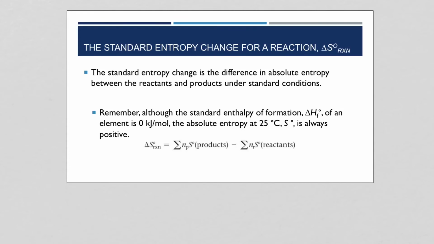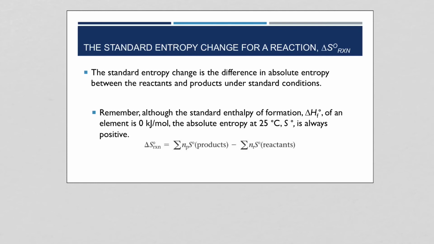To close out this section, we want to look at how we can calculate our standard entropy of reaction. Now we have our standard entropies, and it's very much like what we saw with enthalpy, where we could calculate the standard enthalpy of reaction by looking at the enthalpies of formation of the products minus the enthalpies of formation of the reactants.